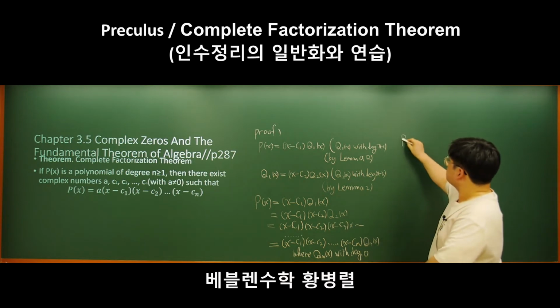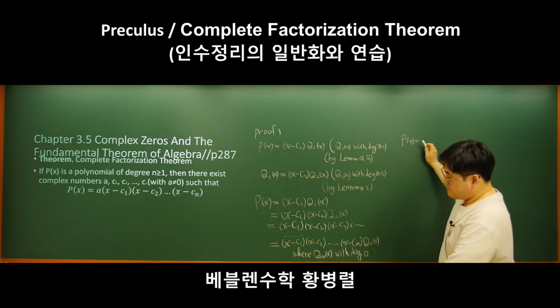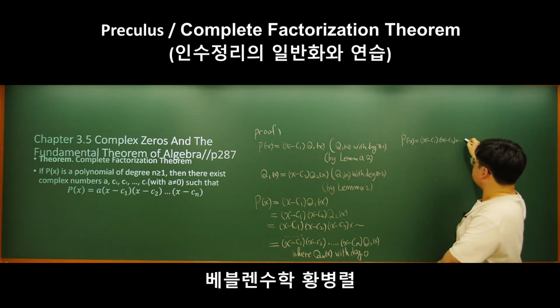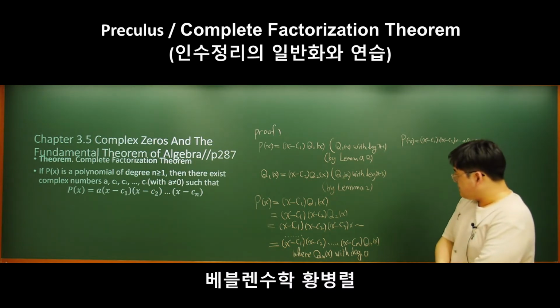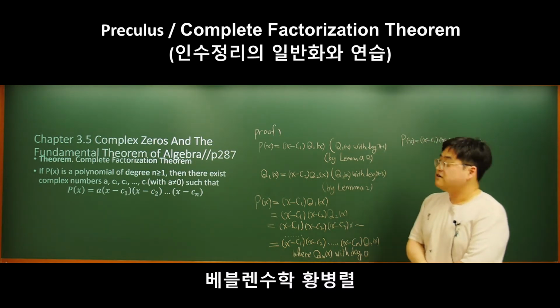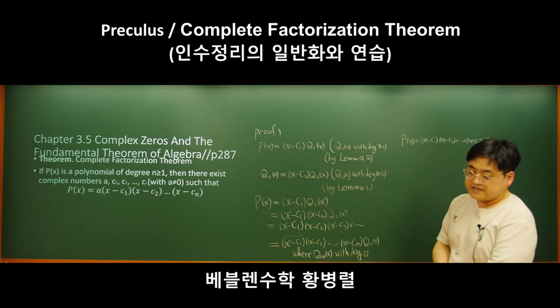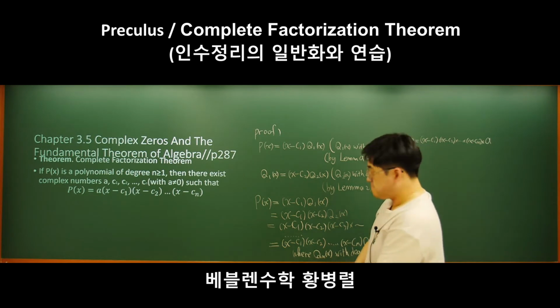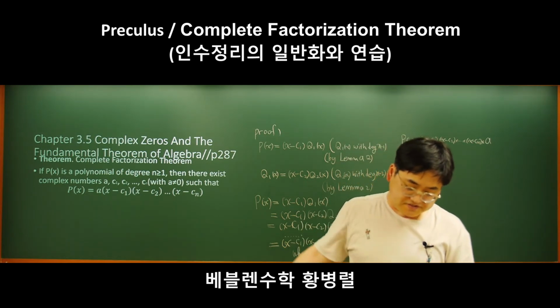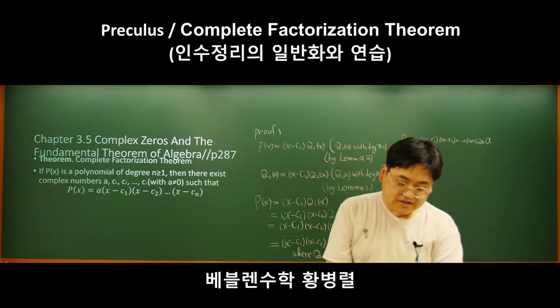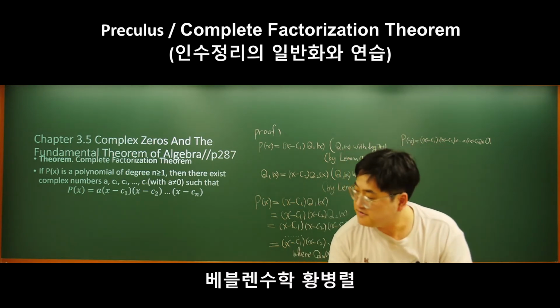Then p(x) can finally be factored as (x minus c1)(x minus c2) and so on (x minus cn) times the degree 0 polynomial, the constant a. This is the end of the proof. Let's see example 1.